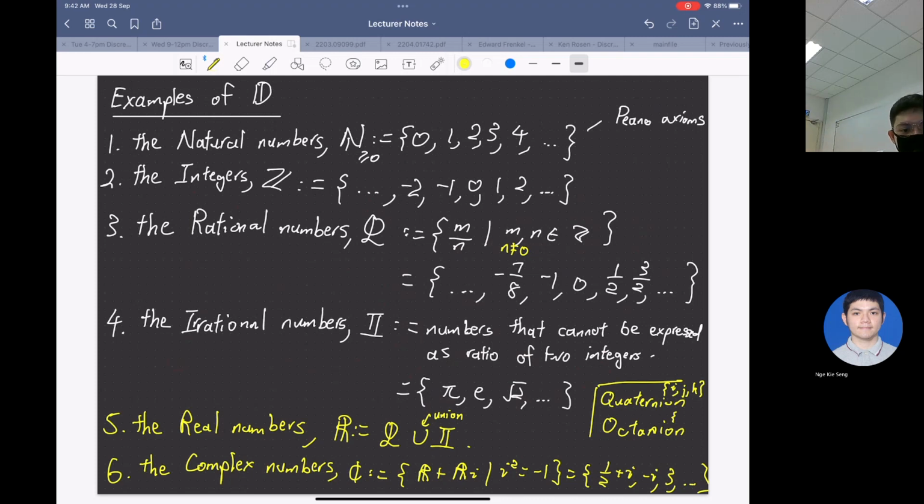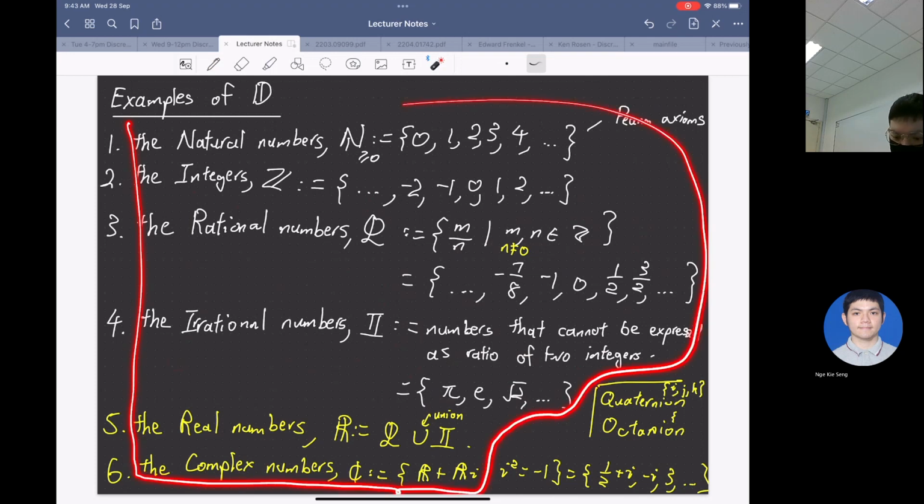Maybe next time we'll pick something more interesting for them. I think they proved that these are the only number systems you can have. The important one for this course is up to here, the furthest.